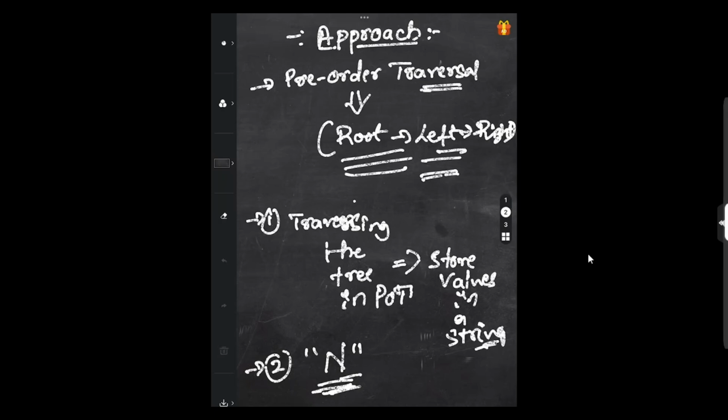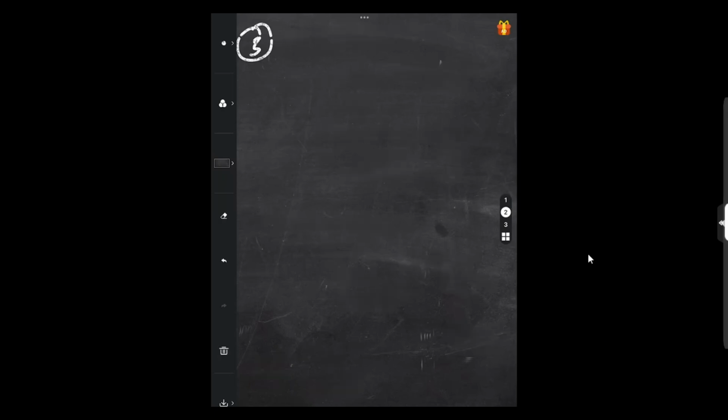So then let's move on with the final step, the third step. To deserialize, so we saw how to serialize. To deserialize, we'll make use of the same pre-order traversal that we used in serialize.